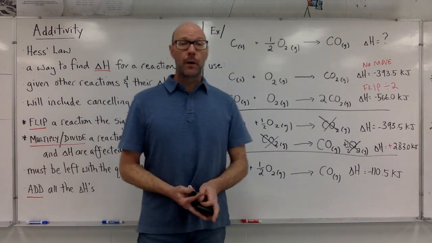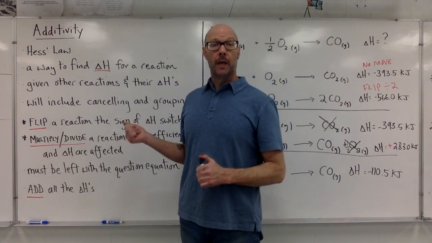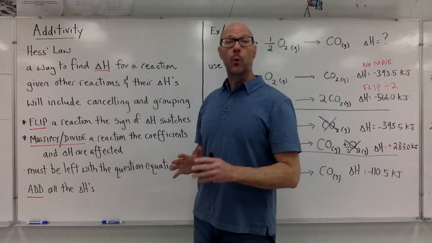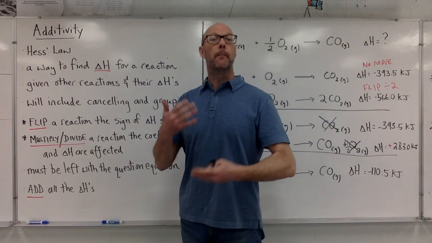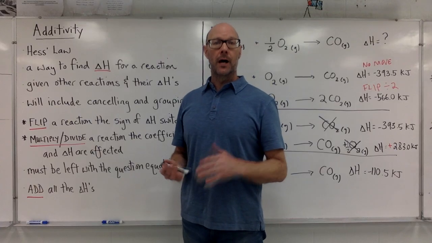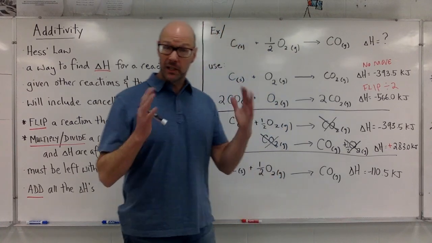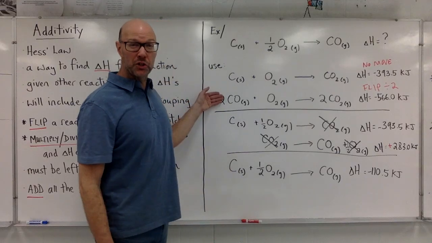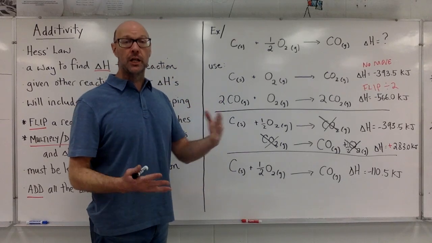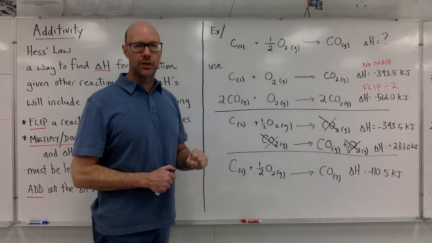Additivity, it actually represents a style of Hess's law question. It's very specific. We're only going to use this method to solve for delta H for a balanced chemical reaction. This question style really stands out because we're going to also be provided with 2 or 3 or 4 other chemical reactions and their delta H's.